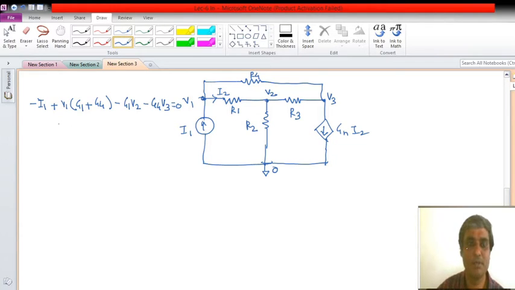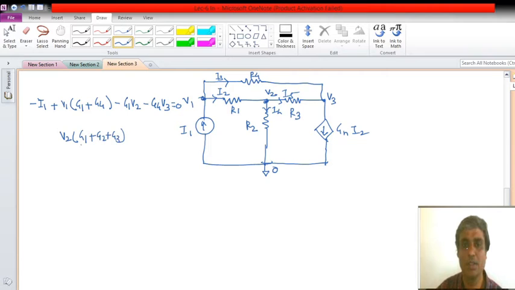Now let me write the equation for node V2. Here suppose I2 is one current, say I3, I4, and suppose this is I5, doesn't matter. For node 2, all the common conductances connected with it will be for V2, so it is G1 plus G2 plus G3.